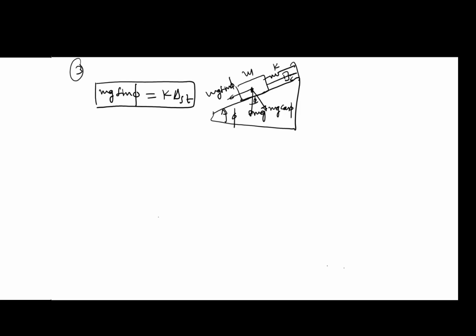So what will happen? Now we have three cases. In all those cases, the equation of motion will remain the same. If phi equal to 0, that resolves to the first case when the system is horizontal. When phi is equal to 90, that resolves to the second case when the system was vertical. And when phi is arbitrary, this resolves to the third case when the system is inclined.